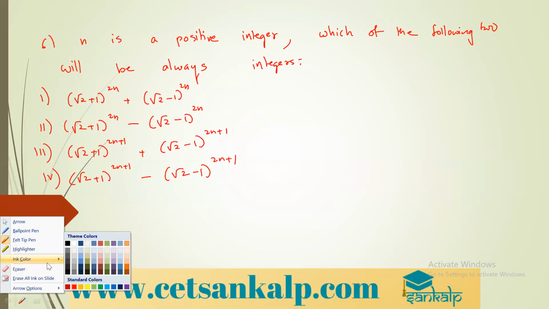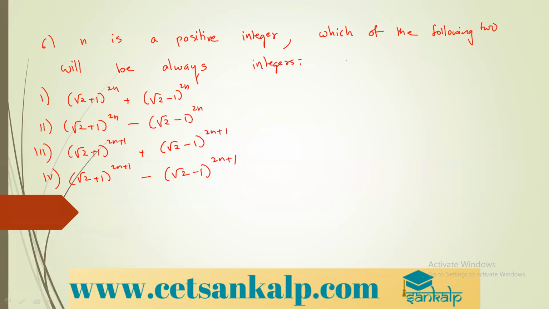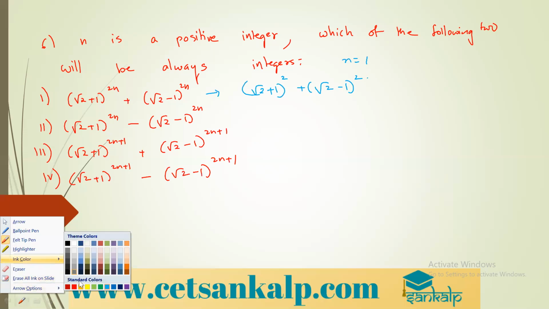As I told you in one of the questions, I will put the value of n conveniently 1, a positive integer. So the first expression will become (root 2 plus 1) whole square plus (root 2 minus 1) whole square. Here I have to use a formula.